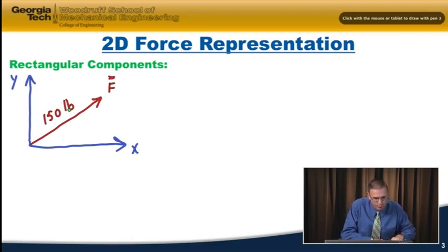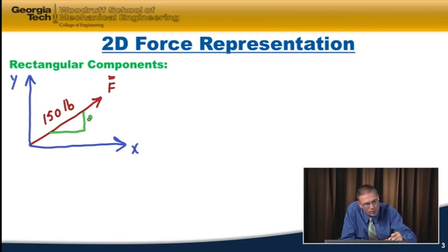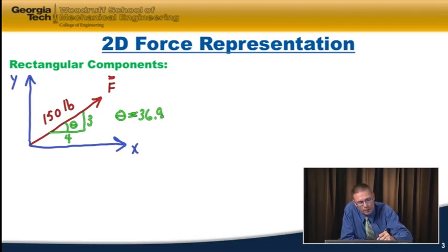And let's say that that force is on a 3-on-4 slope. So this angle would be theta, where theta would be equal to 36.9 degrees.